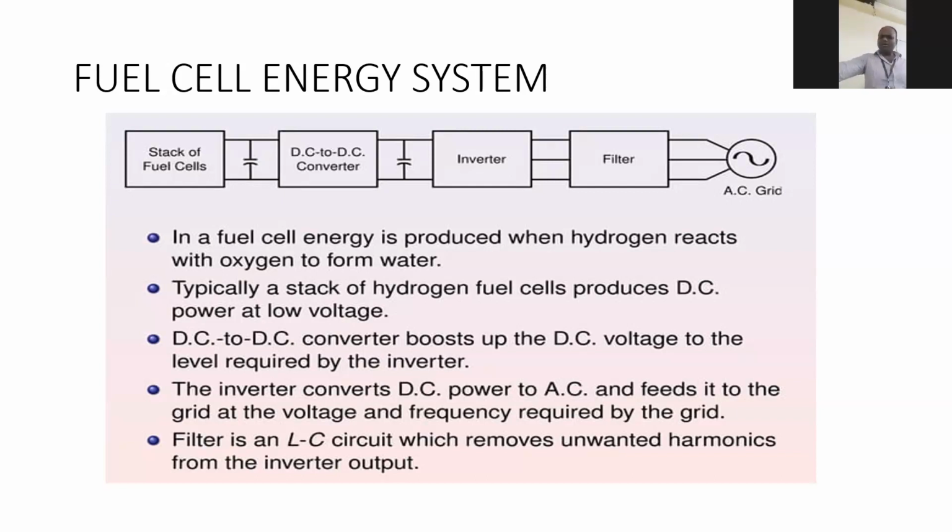In a typical stack arrangement, the DC to DC converter boosts the DC voltage to the level required by the inverter. The inverter converts DC power to AC and feeds it to the grid at the voltage and frequency required by the grid. That is the main important point. The filter, an LC circuit, removes the unwanted harmonics from the inverter output.